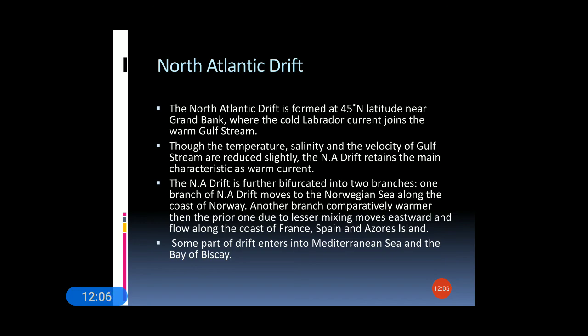Now, though the temperature, salinity and the velocity of the Gulf Stream are reduced slightly, the North Atlantic Drift retains the main characteristics as a warm current. We have already discussed the mixing of the cold current and the warm current.